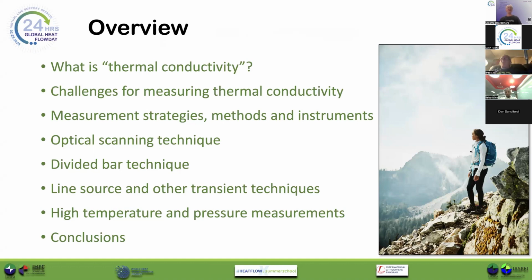I'll talk about measurement strategies, methods, and instruments, and then three particular families of instruments: optical scanning, divided bar, and line source and other transient techniques. I'll briefly touch on high temperature and high pressure measurements, but largely this talk will cover measurements at atmospheric temperatures and pressure. So just regular laboratory type measurements.